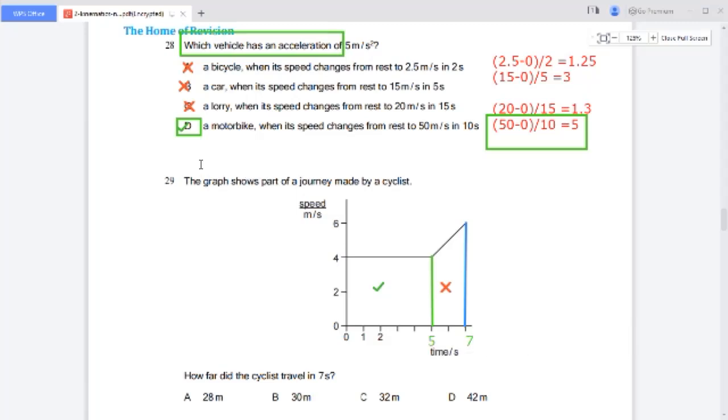Area of rectangle is length into breadth, 4 times 7, which would be equal to 28. And the lower one is trapezium. Trapezium is 1 over 2 sum of parallel sides. Parallel sides are the green one plus the blue one. So green is 4 and the blue one is 6. So 4 plus 6 multiplied by height.